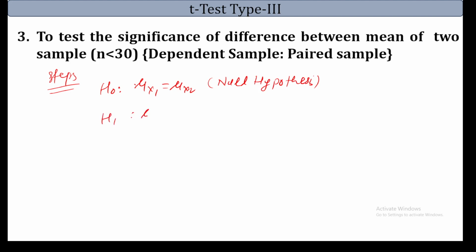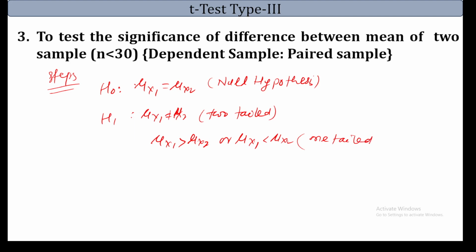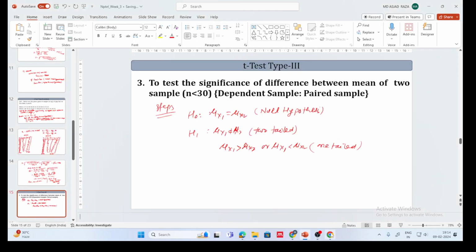Alternative will be again that it is not equal, so it will be a two tail, mu x1 or, so this will be the one tail. Okay, I will see that question. Have you posted it?